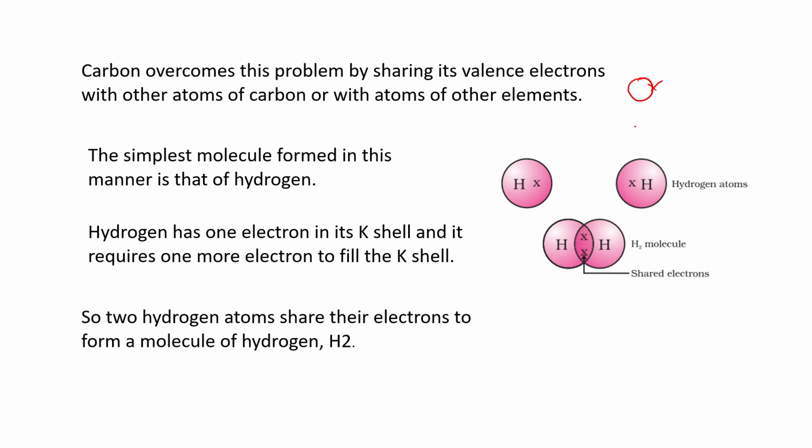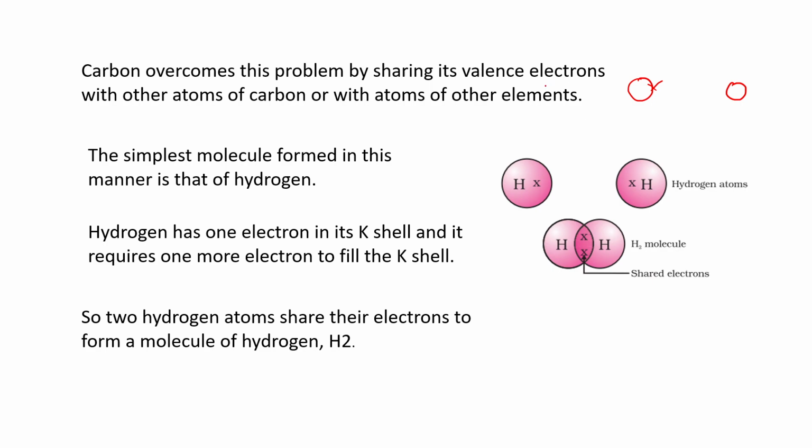But the problem is, if hydrogen donates its 1 electron, what will happen? It will have nothing, only that 1 proton will be left in the nucleus, and this nucleus of hydrogen will become highly unstable. That's why we need to take another hydrogen which is in the same situation.